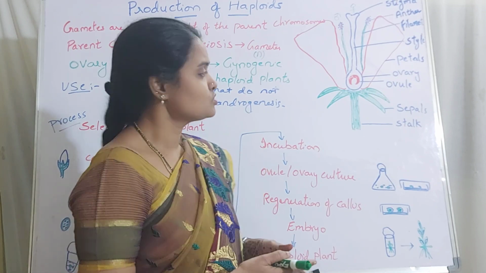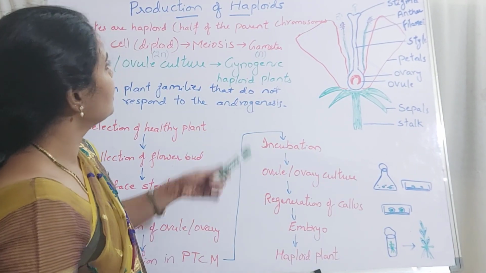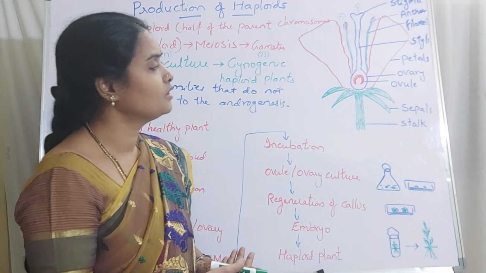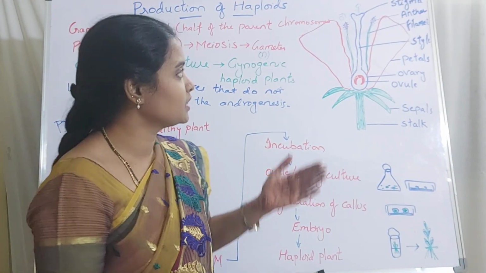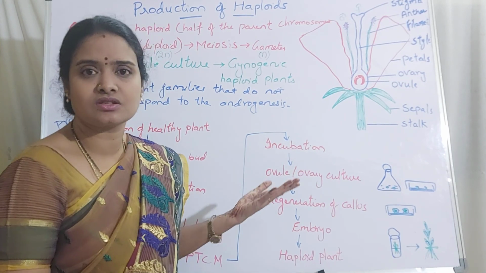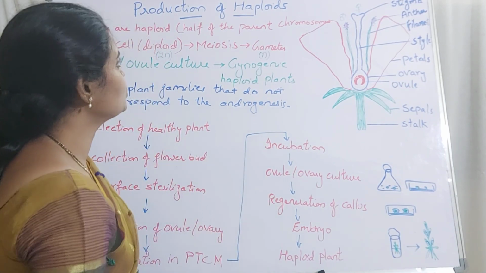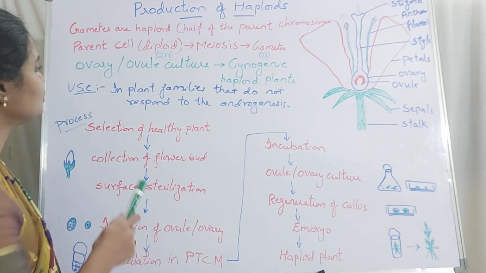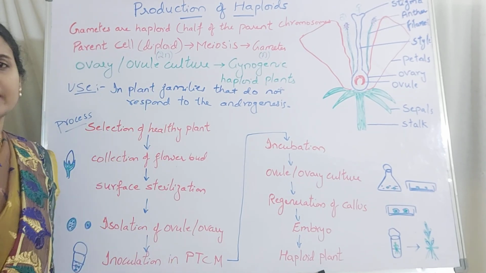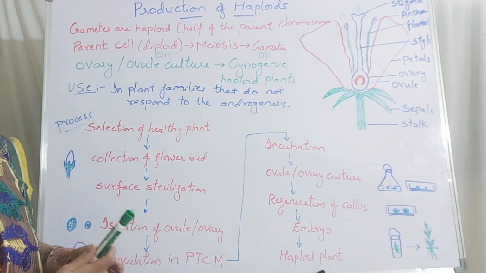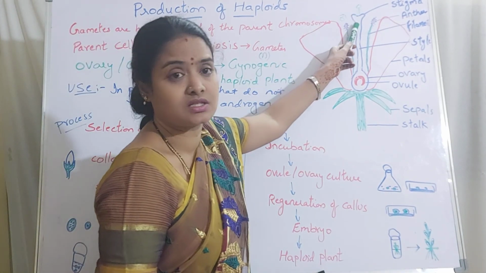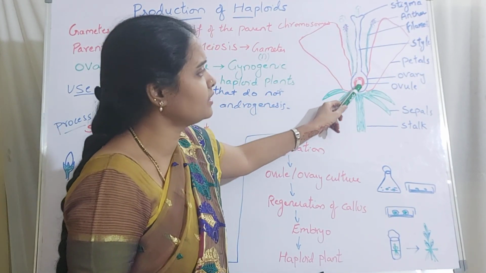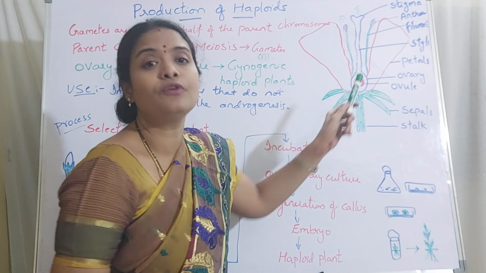So why must we go for this haploid plantlet production when we have the natural mode of pollination process? It can be wind pollination or by insects or anything, right? So what is the use of this production of haploid plants in plant tissue culture? The main use is that in some of the plants, in the natural way, though the pollination occurs, though the pollen grains enter into the stigma, style and the ovary, it fails to fertilize.